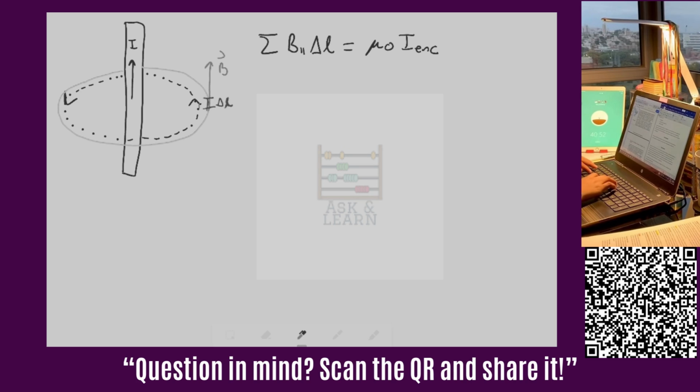Now, we're going to do the same thing. The magnetic field will be circular, so it is always going to be parallel to a circular loop around this wire. This magnetic field can come out of our sum, and we're going to sum up all of the little lengths that we travel around our circle. If we add up all the little lengths, we travel all the way around the entire circumference of the circle, and this summation of all the delta L's becomes the total circumference of our circle.